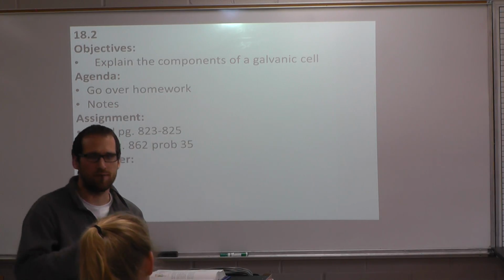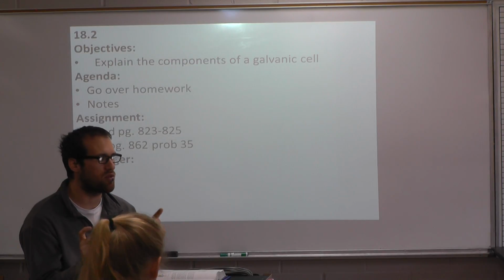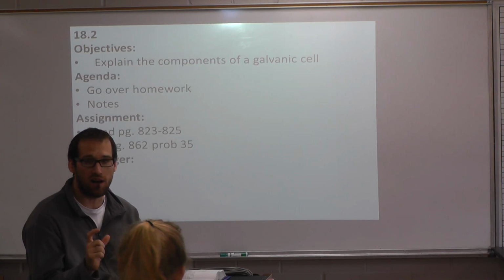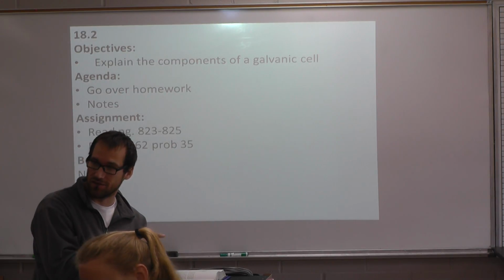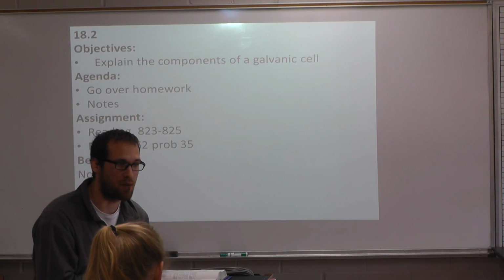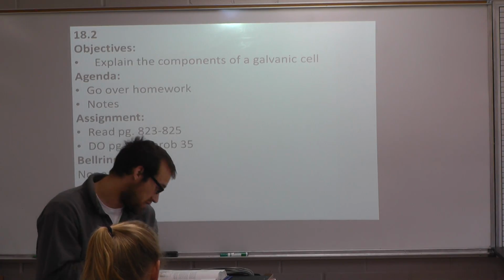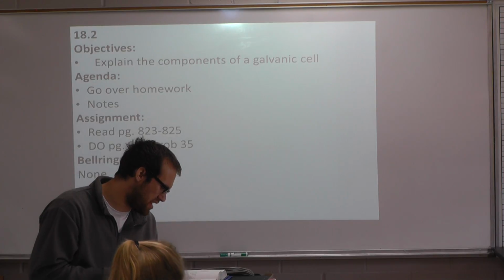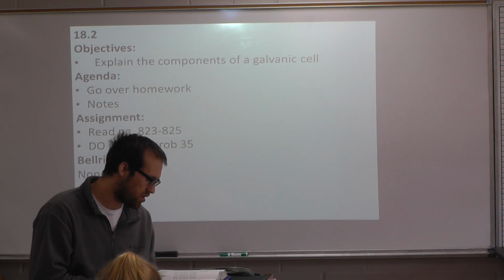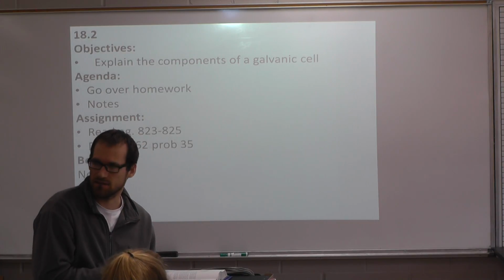So, if you put them in two different solutions and connect a wire to those two solutions, electrons, believe it or not, will transfer through the wire to the other solution and cause the redox reaction to happen. To me, I think that's pretty cool. The current produced in the wire by the electron flow can then be directed through a device. What do you think they mean when they say through a device?